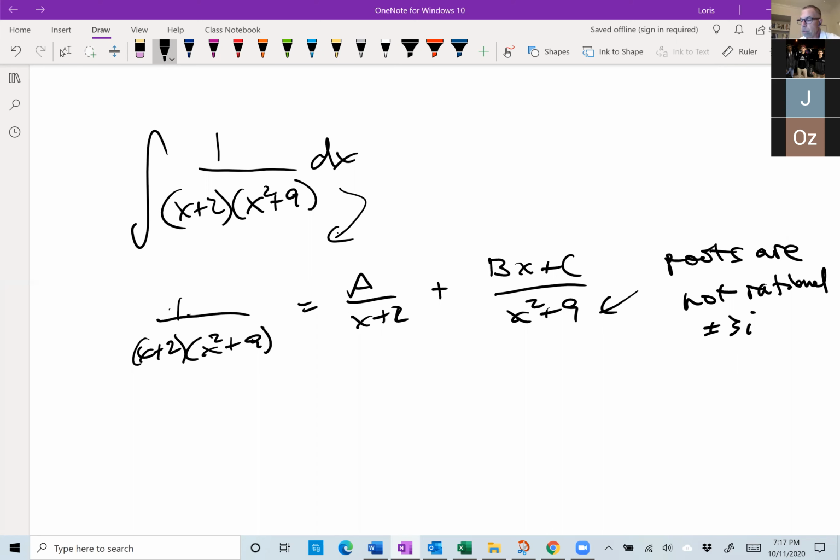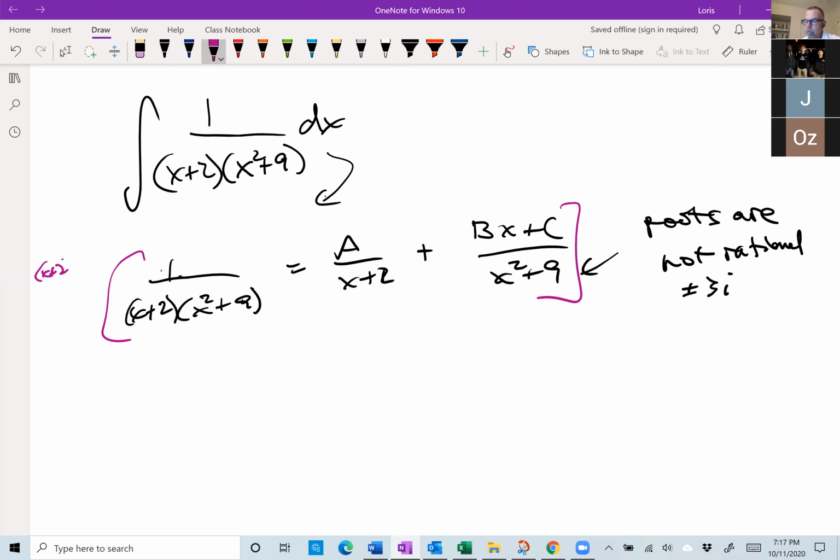Now, when you start this, you multiply both sides by x plus 2 times x squared plus 9. Like that. And you're going to get 1 on the left. And on the right, you're going to get A times x squared plus 9, plus Bx plus C times x plus 2. I keep messing up. The only real root is x equals negative 2, so you do that same process again.